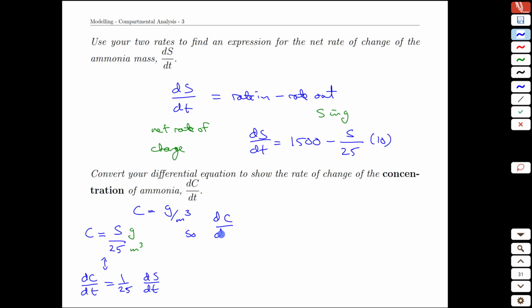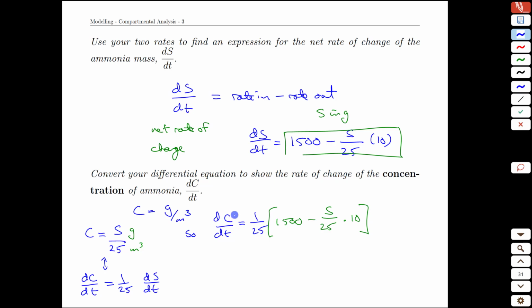So the rate of concentration change over time is 1 over 25 times this expression here, because that's dS dt: 1500 minus S over 25 times 10. Perfect, that's all true.